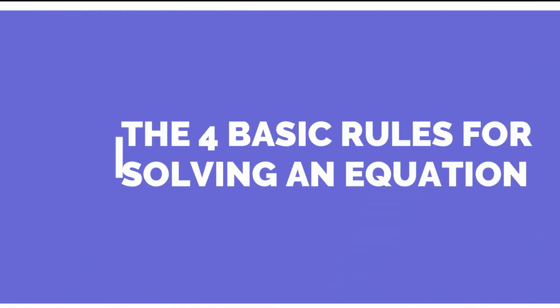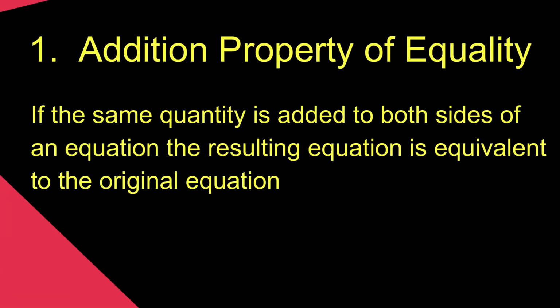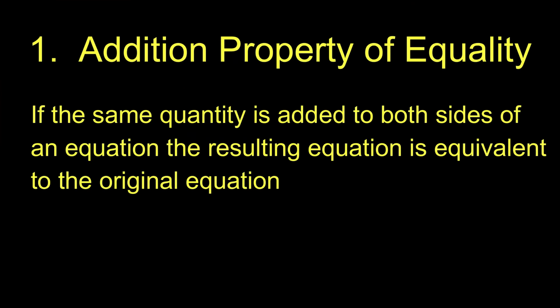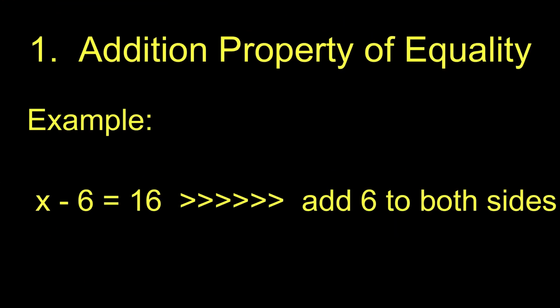So let's proceed. The four basic rules for solving an equation are the following. Number one is addition property of equality. If the same quantity is added to both sides of an equation, the resulting equation is equivalent to the original equation. For example, x minus 6 equals 16, where you're going to add 6 to both sides of the equation.